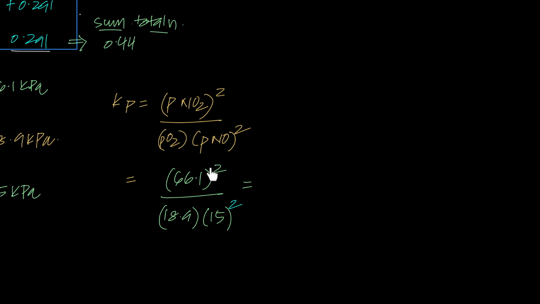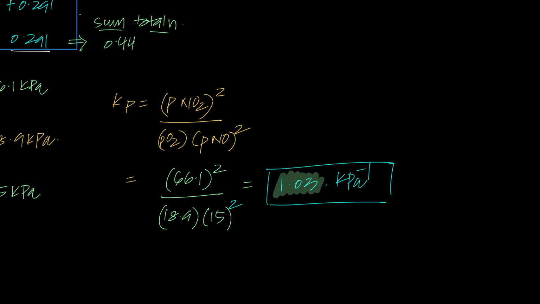See, this is kilopascal squared and this is kilopascal cubed, so it should be inverse: kilopascals to the power minus 1, because 1 over kilopascals will be left behind. So 1.03 kilopascals to the power minus 1. That's the Kp for it, and the Kc would have the same magnitude, which would be 1.03. Piece of cake, huh?